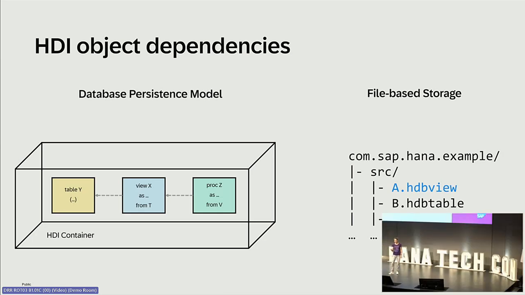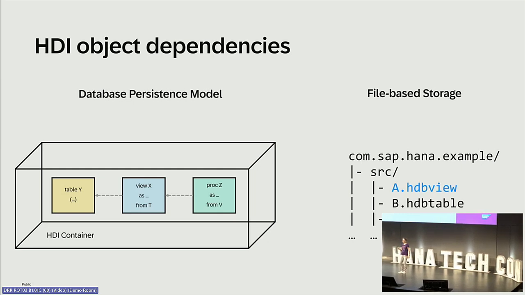For the view, the HDB view file, for the table, the HDB table file, and for the procedure, the HDB procedure file. And this is, so to say, the target state which we have defined.